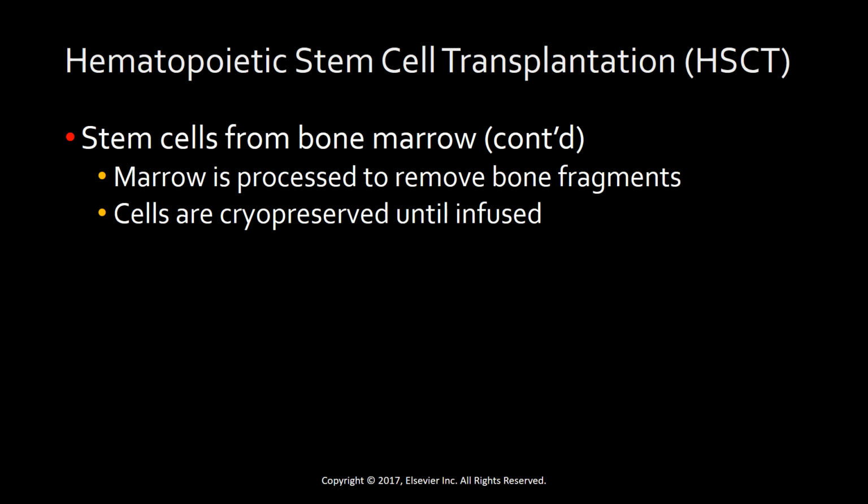The harvested marrow is processed to strain out bone fragments. The entire bone marrow harvest procedure can take about 1 to 2 hours, and then the patient is discharged after recovery. Cells are cryopreserved until infused.